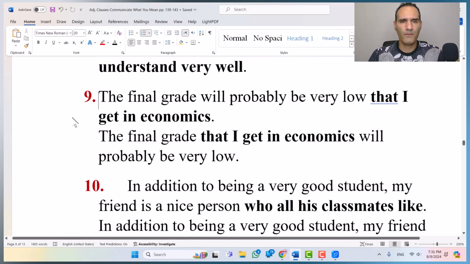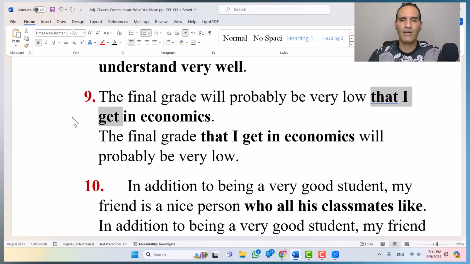Number 9: The final grade will probably be very low that I get in economics. So is the adjective clause for "low," or for "the final grade"? If it is for the final grade, it should follow "final grade." The final grade that I get in economics will probably be very low. This one was incorrect.